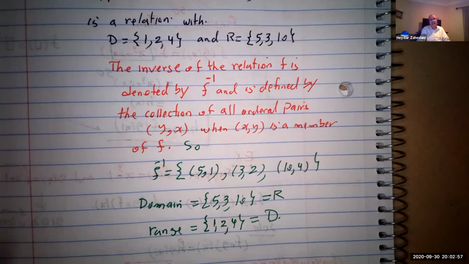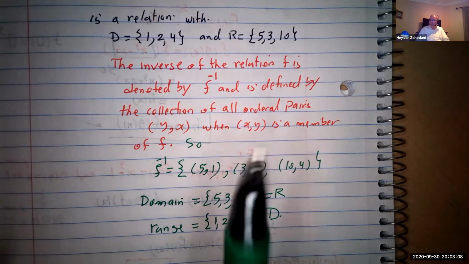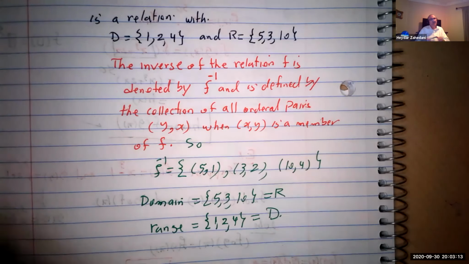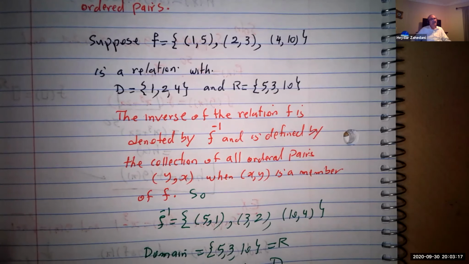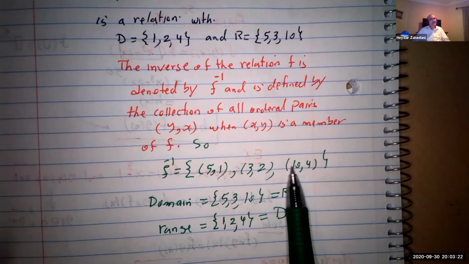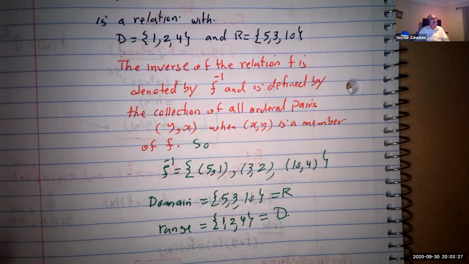No, that's a relation. We want the function. So what we are going to do is, if you switch the x and the y, there is no guarantee that if you have a function f, and you switch it, you get a function again. There is a possibility that you may not get a function.